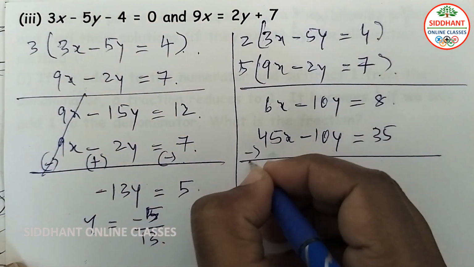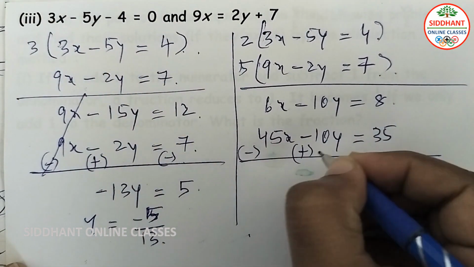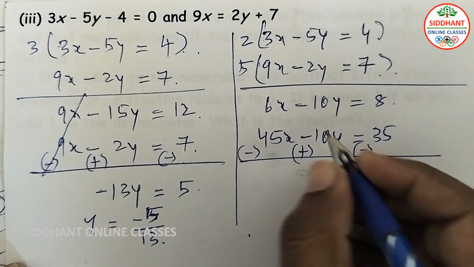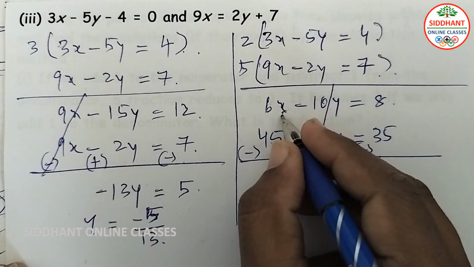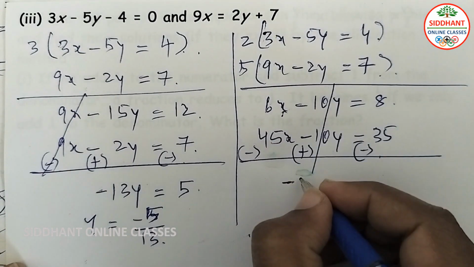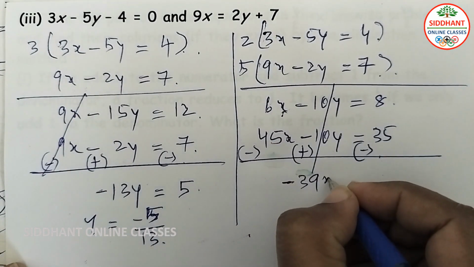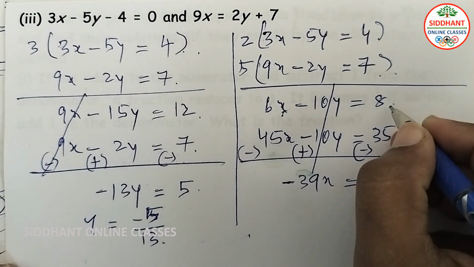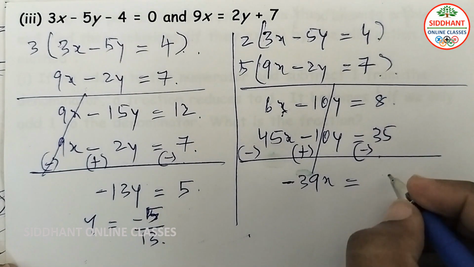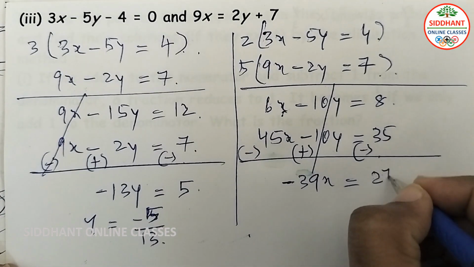So now changing the signs here, minus, here plus, and here minus. Now y cancels here. Now we get 6x minus 45x, which is minus 39x, and that equals here minus 35 plus 8, which is minus 27 here.